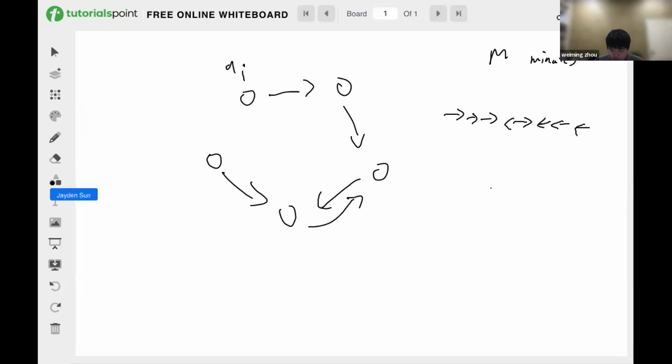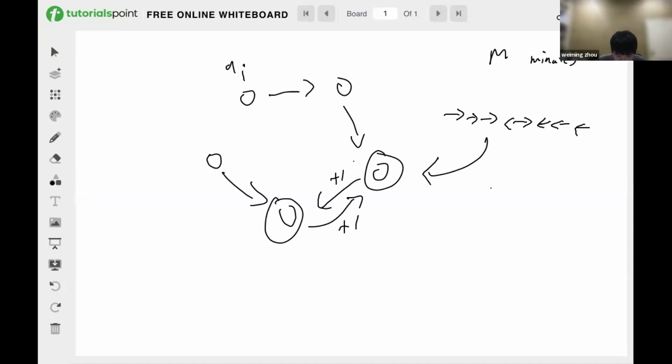What you can notice is that for these two circled cows, they'll maintain the same amount of milk, because this cow gives 1 unit to this cow, so this will be plus one and this will be plus one. So in the course of a second, these two circled cows won't gain or lose any milk.